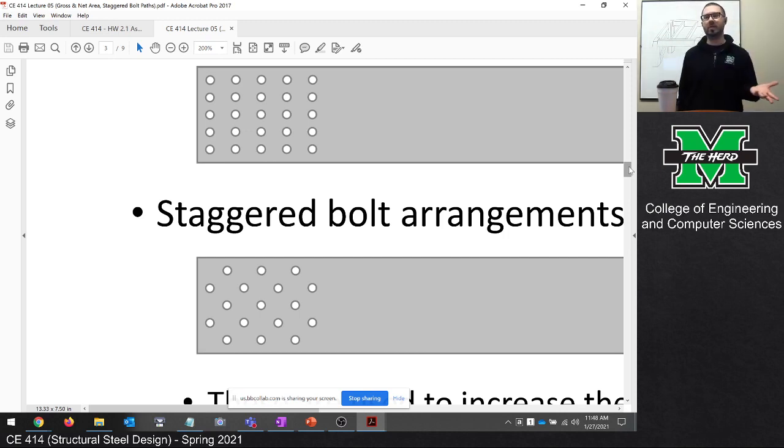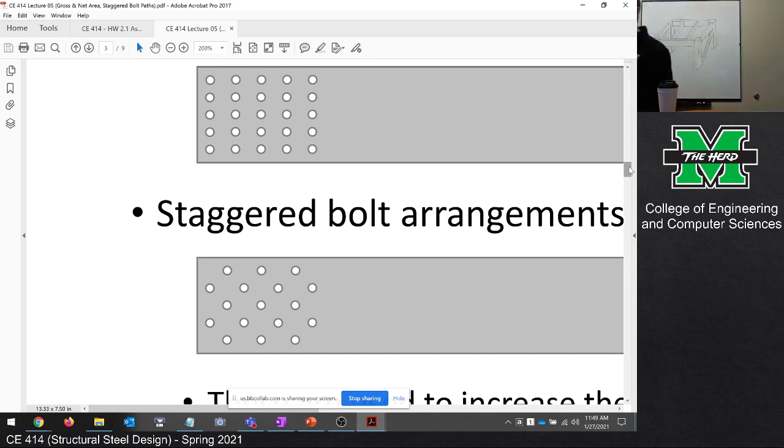Let's say a single bolt can hold 12 kips, and the connection has 200 kips on it. So we take 200 divided by 12, and that tells us the number of bolts. However we arrange those bolts, whether in a grid-like pattern or in a staggered pattern, it won't change the number of bolts. But by arranging it in this fashion, we can increase the area along the cross section.